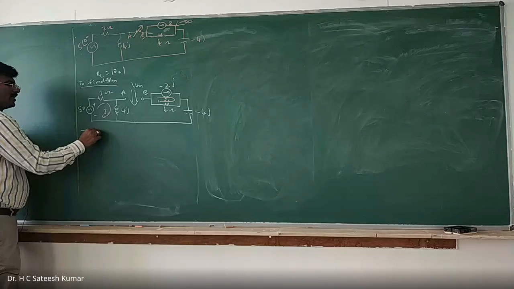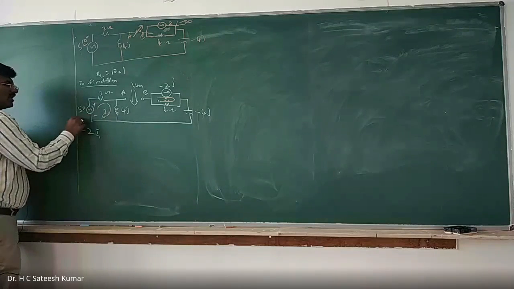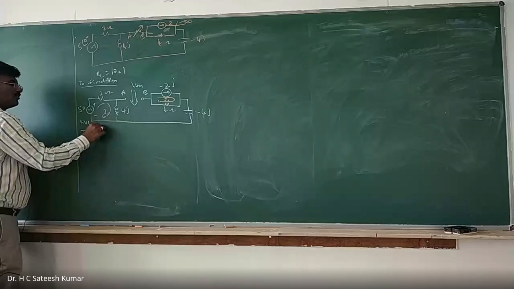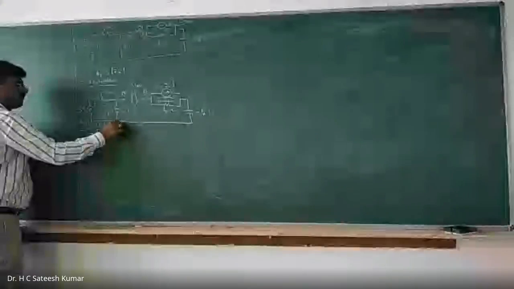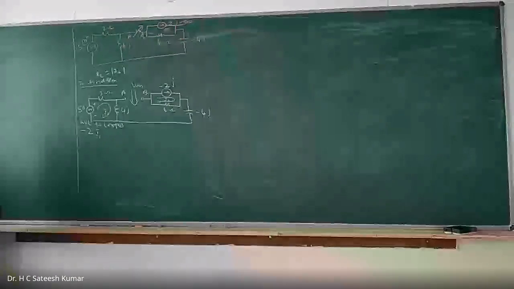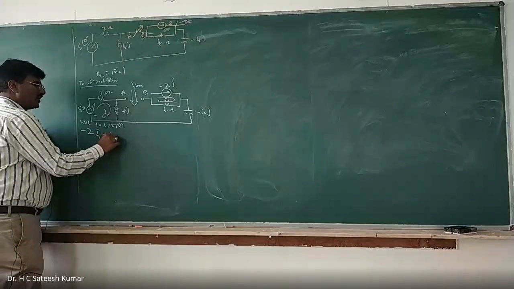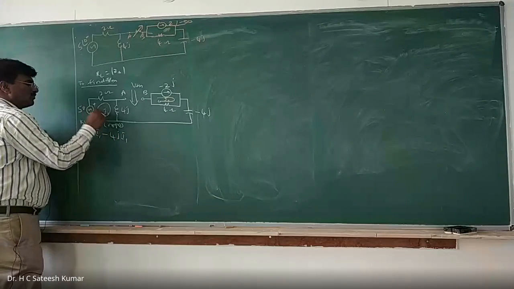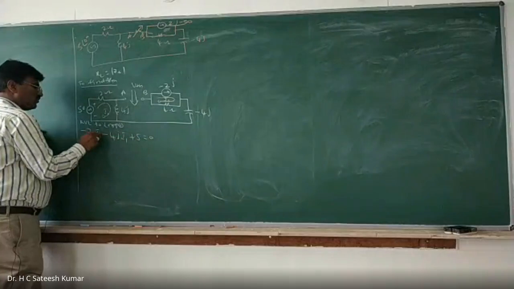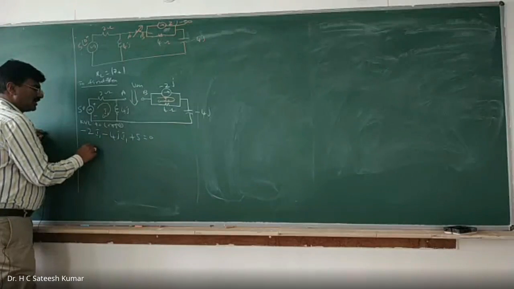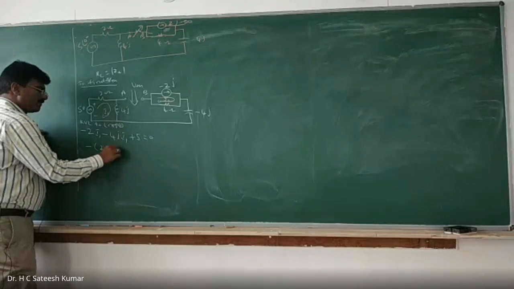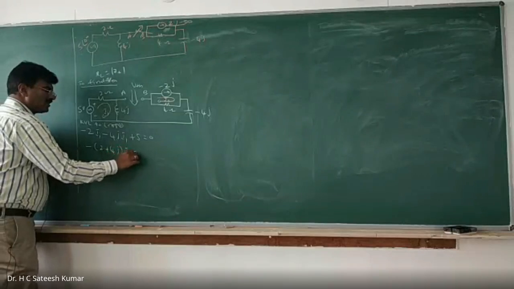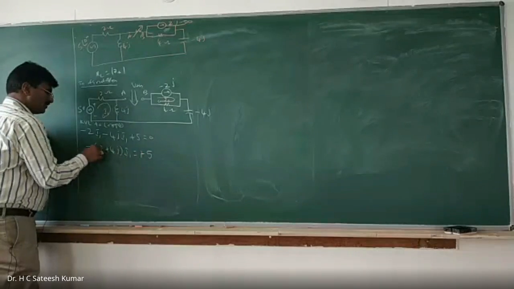KVL to loop 1: minus 2 into I1, minus 4j into I1, minus 2 plus 5 is equal to 0. So minus of (2 plus 4j) into I1 is equal to minus 5. The minus gets cancelled.